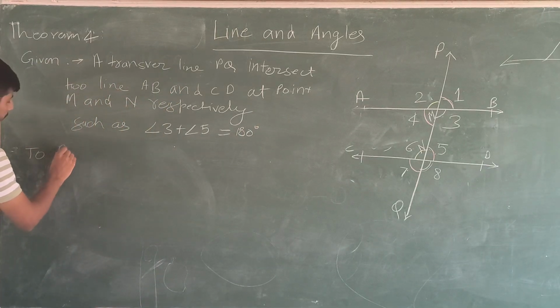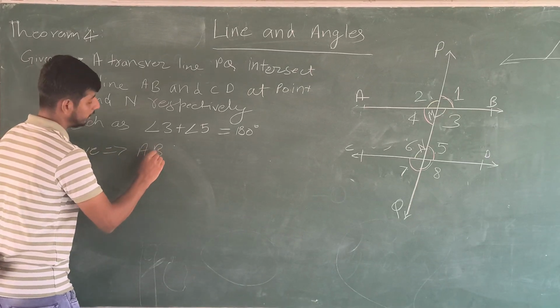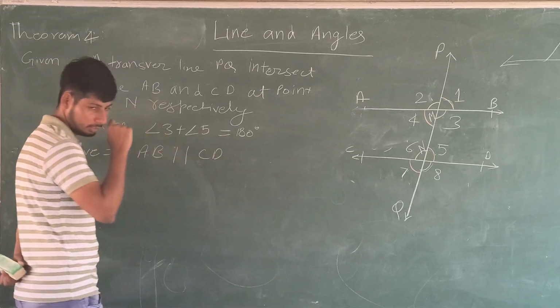To prove, we have to prove that line AB is parallel to line CD.